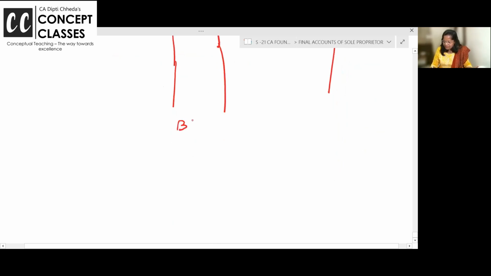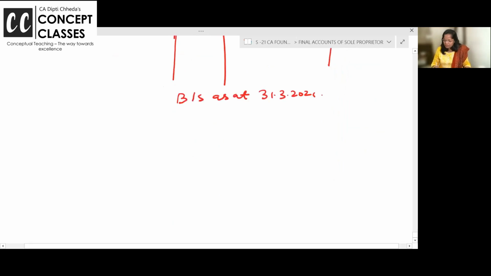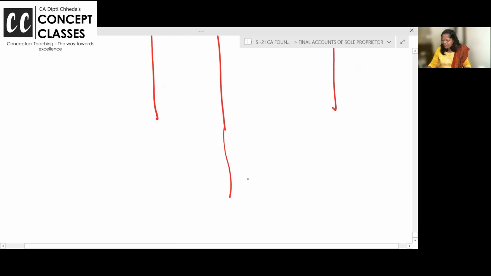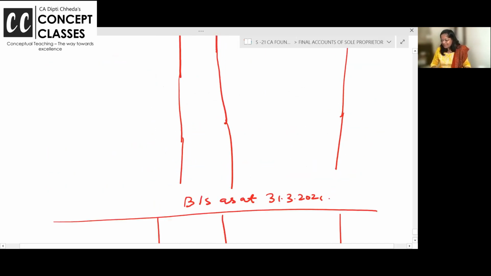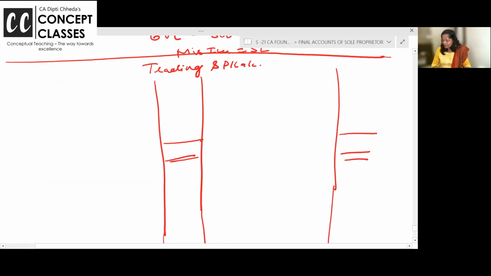And below this, we are making the balance sheet as at 31st March 2021. Balance sheet is also a little bit big. And give the effect there itself. Whatever effect comes, you have to give it then and there. If you are ready with the scaling, we'll start it together.